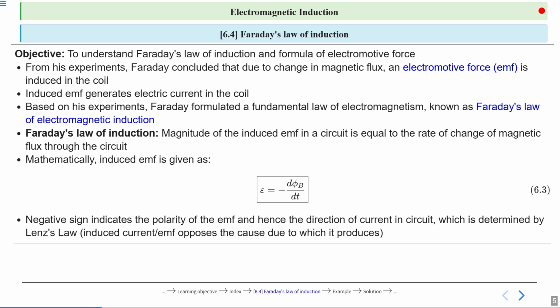What is the cause? Relative motion. How is it going to oppose the relative motion between the magnet and the coil connected to the galvanometer? So the direction of current or EMF will be such that it opposes the cause that is producing it. That's why the negative sign is there.